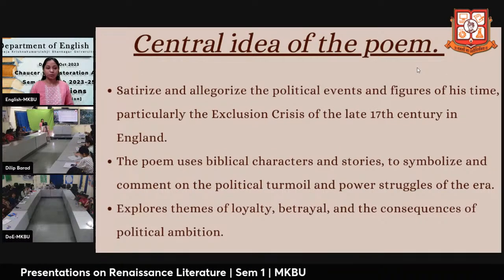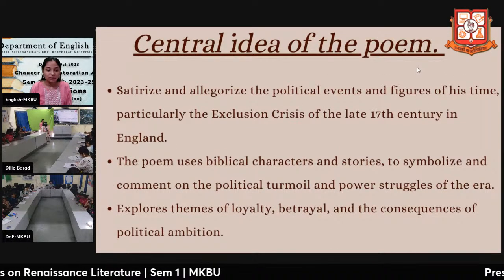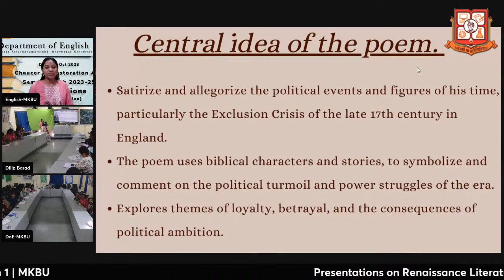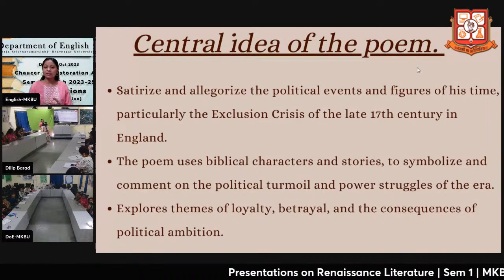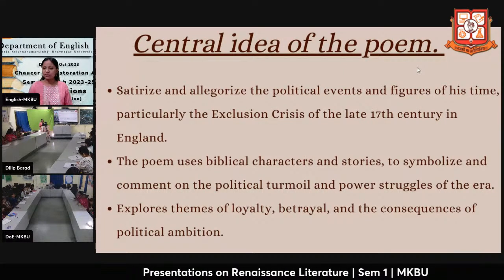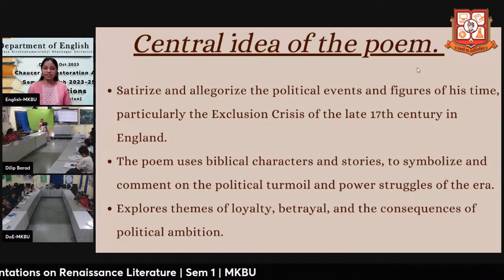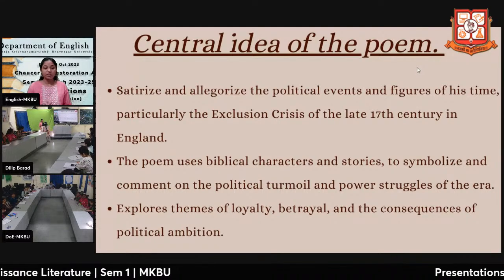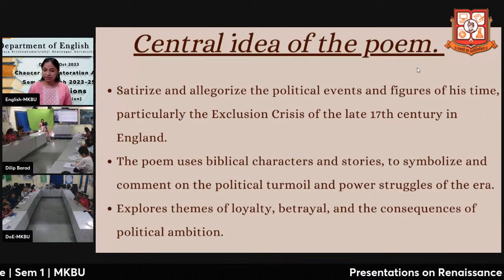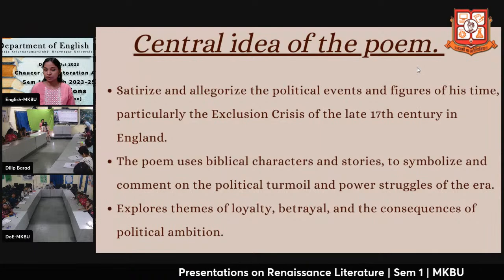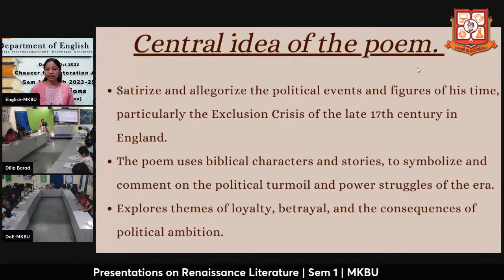Central idea of the poem. The poem has wit in it, and it satirizes and allegorizes the political events and figures of his time, particularly the Exclusion Crisis of the late 17th century in England. The poem uses biblical characters and stories to symbolize and comment on the political turmoil and power struggle of the era.